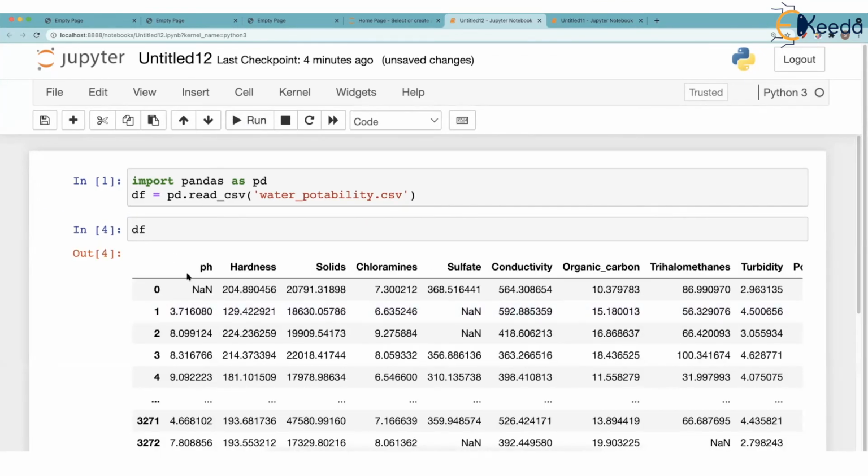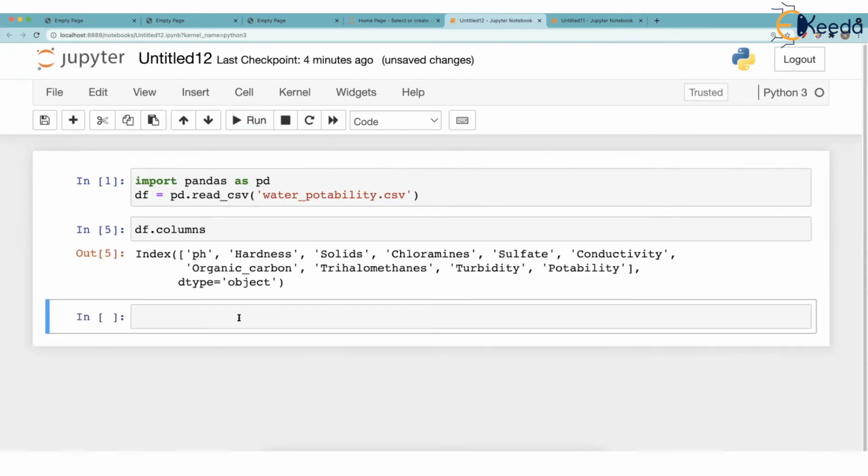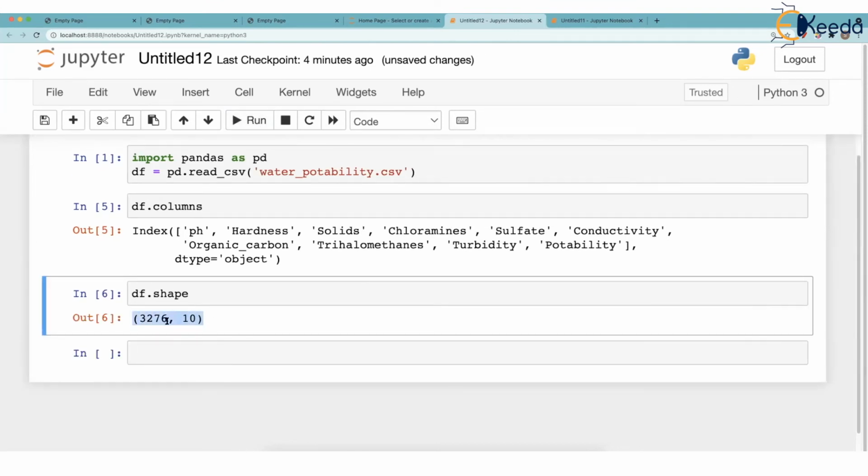Recall in the previous exercise we dropped ID. In this, all columns are useful, so we are not going to drop anything. So df.columns will show me the list of columns, and df.shape is going to show me how many rows and columns there are. Exactly 3276 rows and 10 columns.